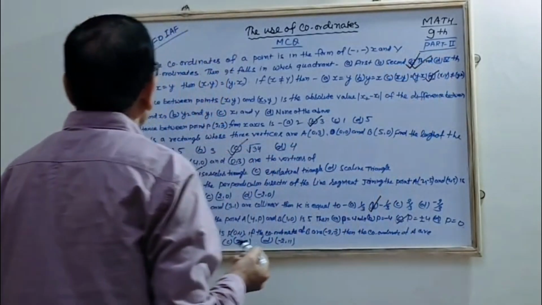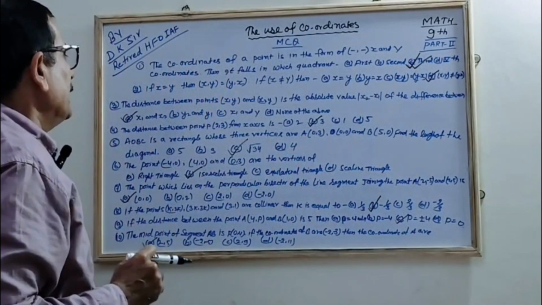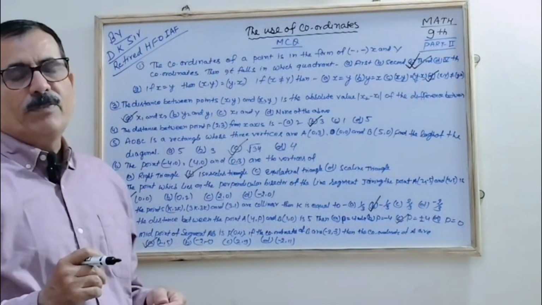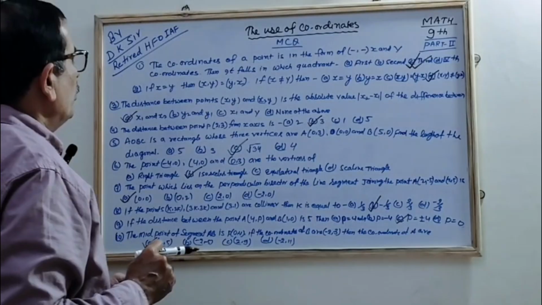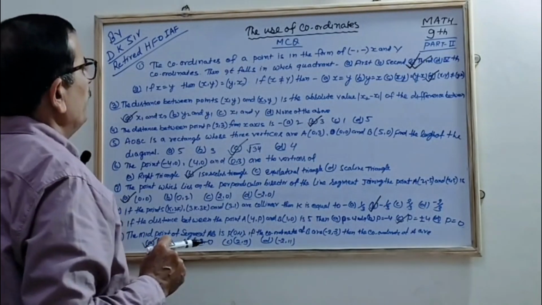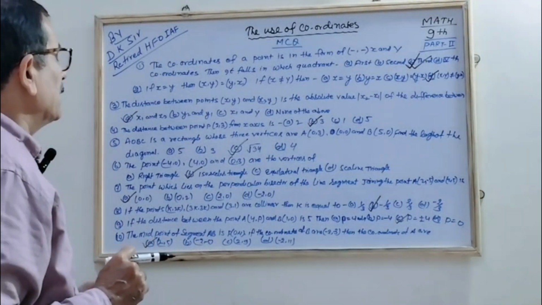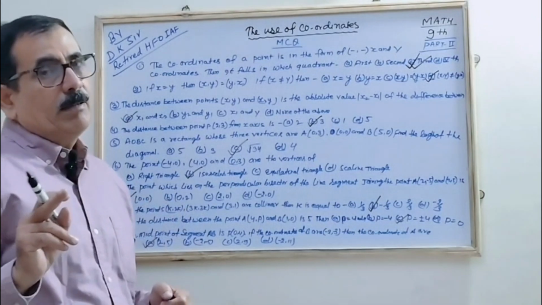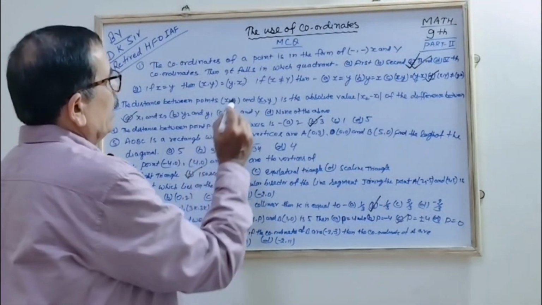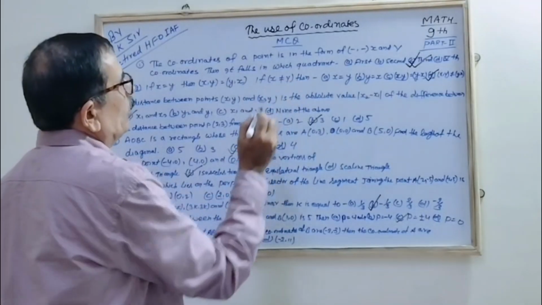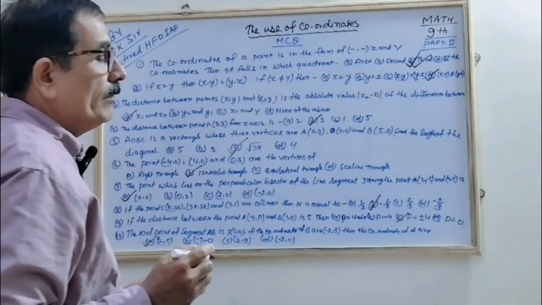Okay. The next we'll see. If x is equal to y, then the coordinate xy will be equal to yx. What can be the condition? When x is equal to y, gentlemen, and if x is not equal to y, then what will happen?